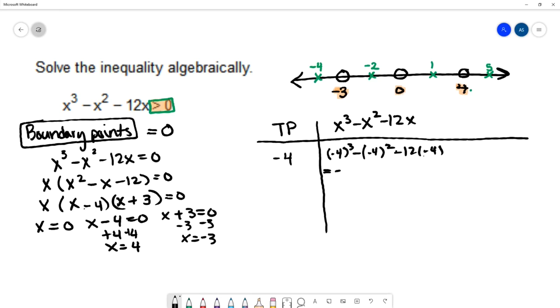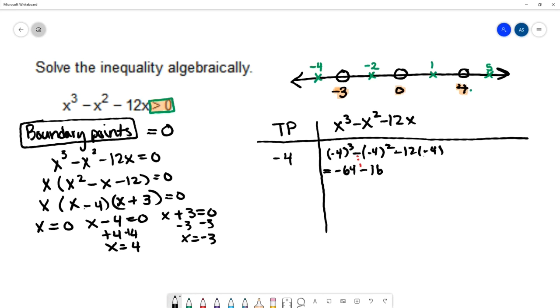Negative 4 cubed, that's going to be a negative 64, I believe. Let me just double check. Yep. And this would be a minus 16. So I carried that minus down, and negative 4 squared is a positive 16.